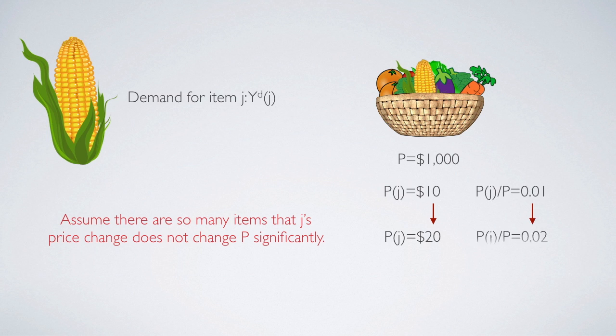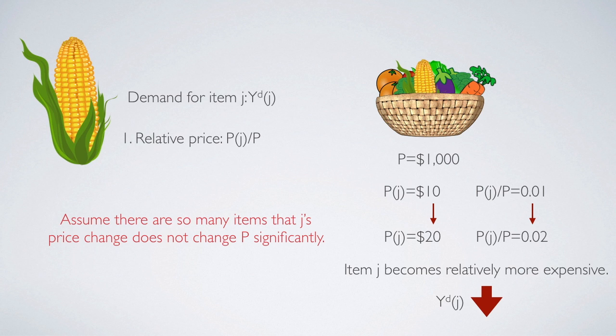In this case, the relative price of corn relative to the basket price is going to increase from 0.01 to 0.02. This ratio, the relative price, reflects how much basket purchasing power you need to sacrifice in order to buy one corn. So if this ratio, Pj over P, increases, it means that item J becomes relatively more expensive. When something becomes relatively more expensive, the quantity demanded for the item should drop.